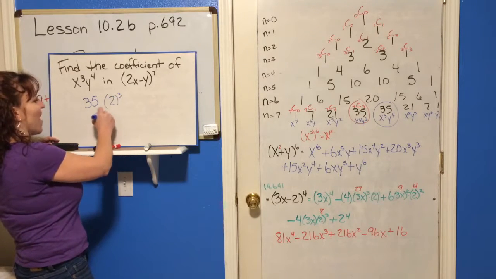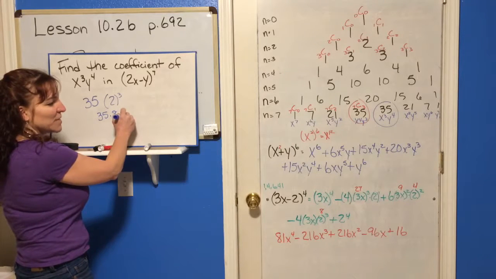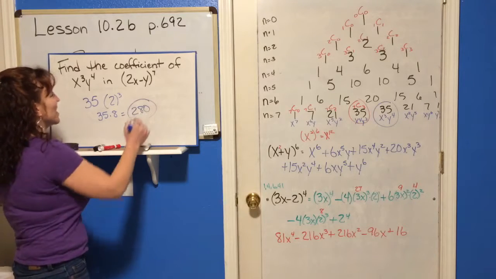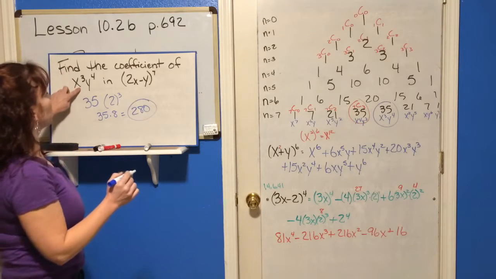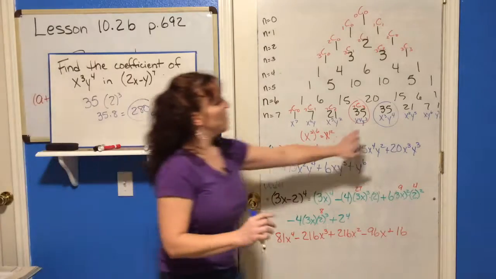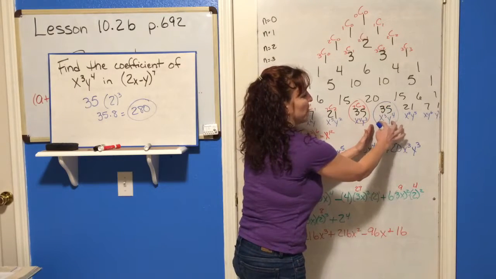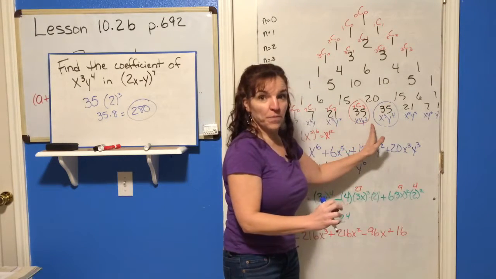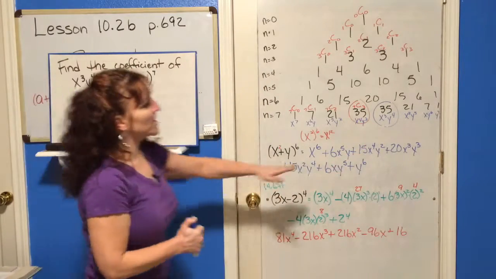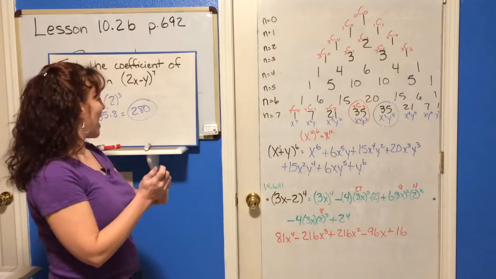So you've got 35 times 8, which is 280. So this is the coefficient. The coefficient in front of x cubed y to the fourth is going to be 280. Because of this cubed on the x, and the x term is 2x, not just x.